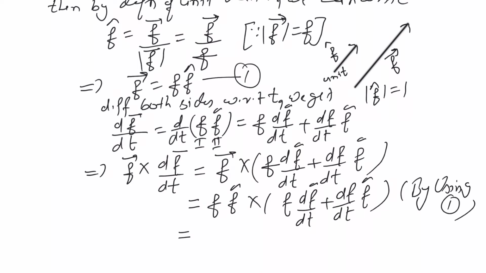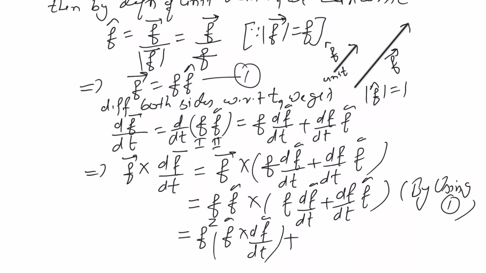This thing is further equal to f into f, which is simply f square, and this is a vector quantity, so the cross is between vectors only, so we will write f cap cross df cap by dt plus.